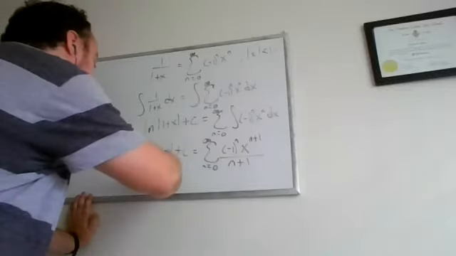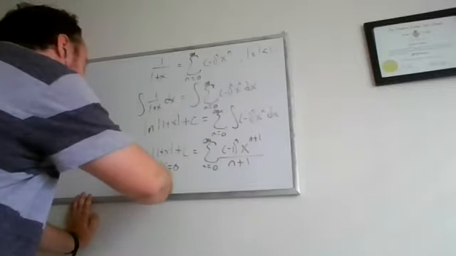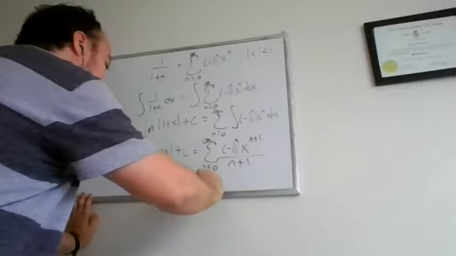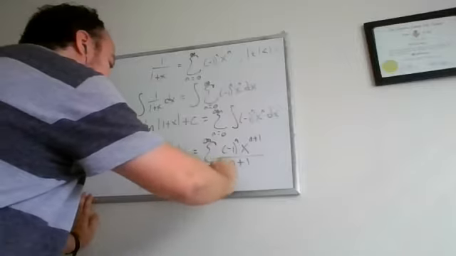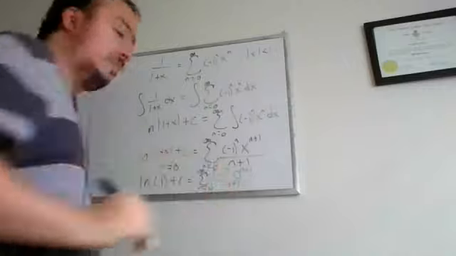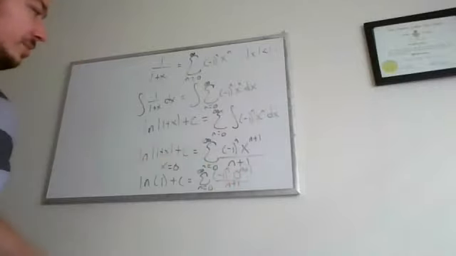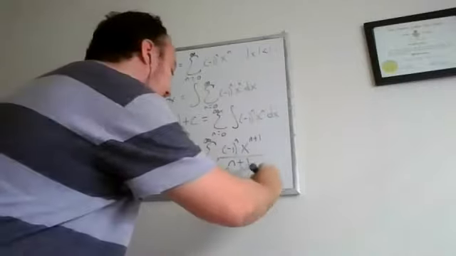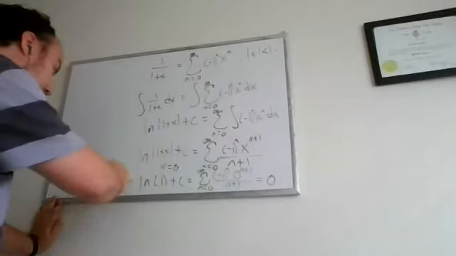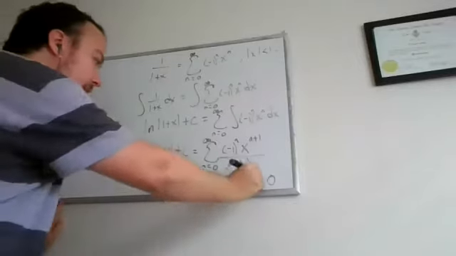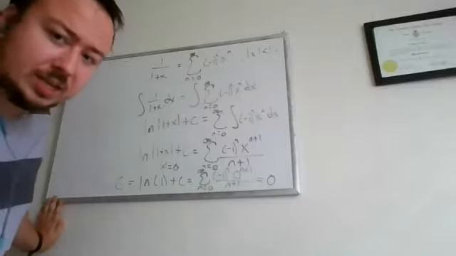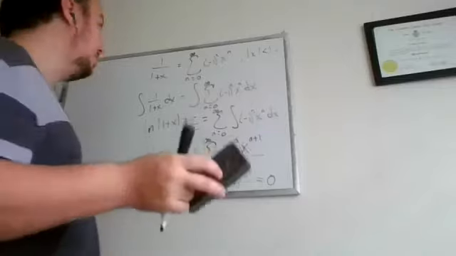So if I plug in x equals 0 to both sides of this, I have ln of 1 plus c is the sum from n equals 0 to infinity, negative 1 to the n, 0 to the n plus 1 over n plus 1. And of course, I don't really care what happens as n goes to infinity here because this will just be 0. But we also know that log of 1 is 0 as well. So really, we just have c on this side, and we have 0 over there. So technically, our plus c is going to be 0 in this case. We don't need to have a constant term.